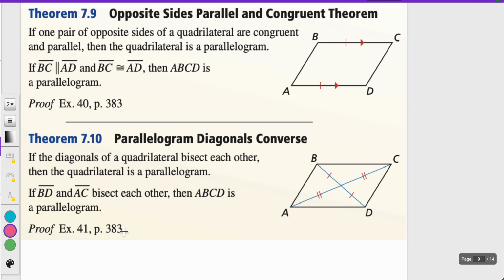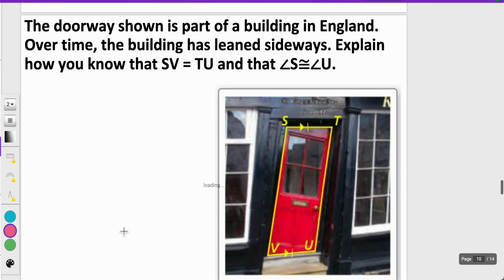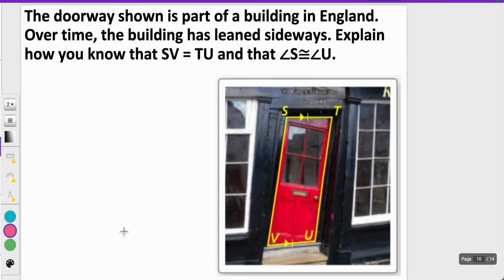Okay, so we're going to look at this one. It says the doorway is shown as part of a building in England. Over time, the building has leaned sideways.